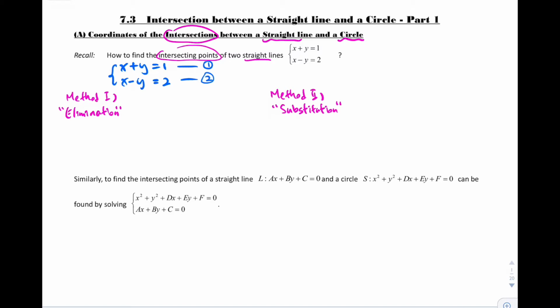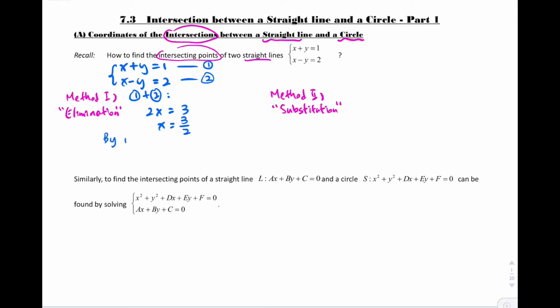For the first method, we have learned the method of elimination. For this method, we either subtract or add the two equations to eliminate one of the unknowns. Say, for this case, we can just add equation 1 to equation 2, and then we will have 2x equals 3, and then x equals 3 over 2.